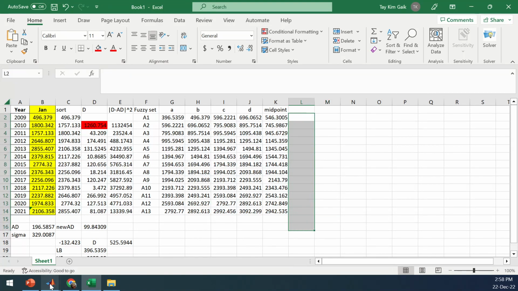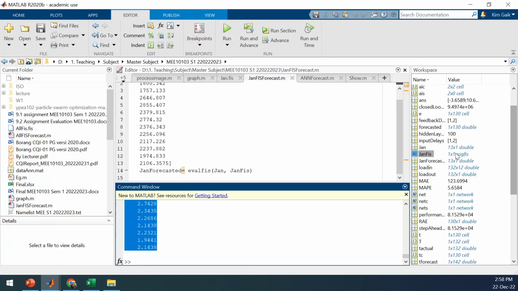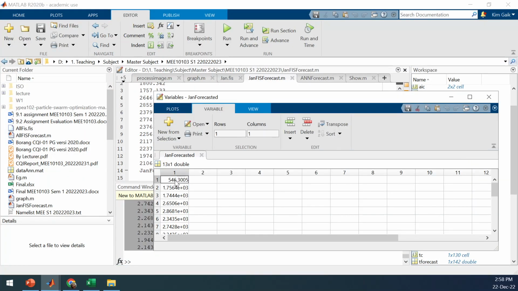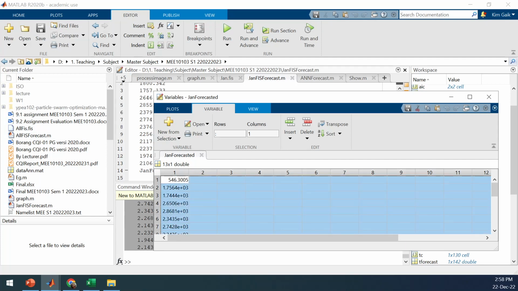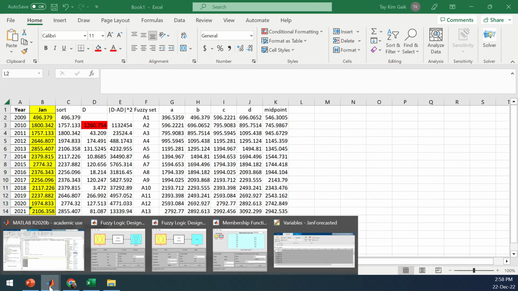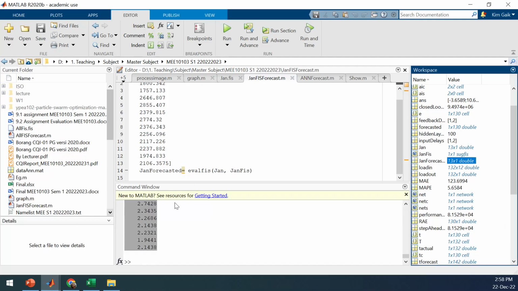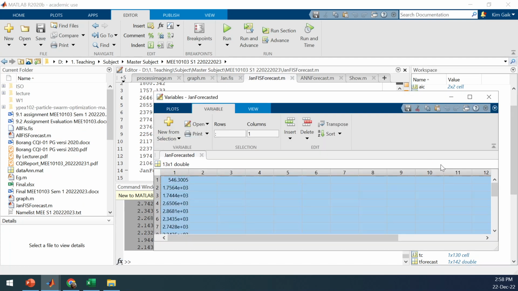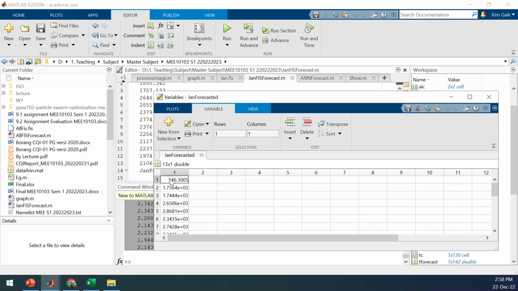We copy it from the workspace, the variable there, Jan forecasted here. Control A. I put it here. Control V. So the same thing.